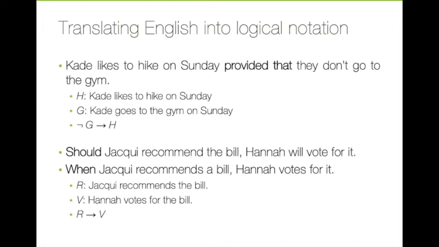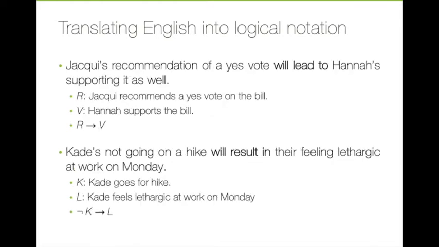If R, then V. In translating this next example, we benefit again from paraphrasing the original English sentence using if-then to get our symbolization right. So our example goes, Jackie's recommendation of a yes vote will lead to Hannah's supporting it as well.